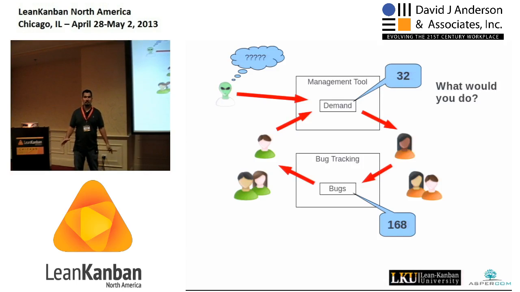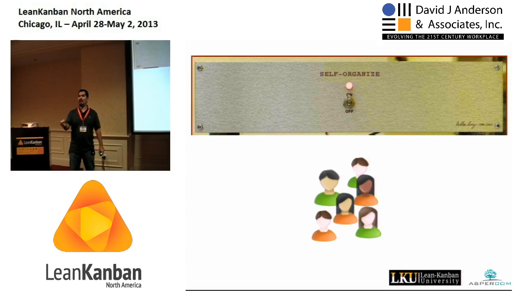When you get this situation here, I guess that in Brazil, if you ask people about this kind of problem, you are more Kanban-like guys, all right? People usually would say that to solve this problem, you have to switch the self-organized button.